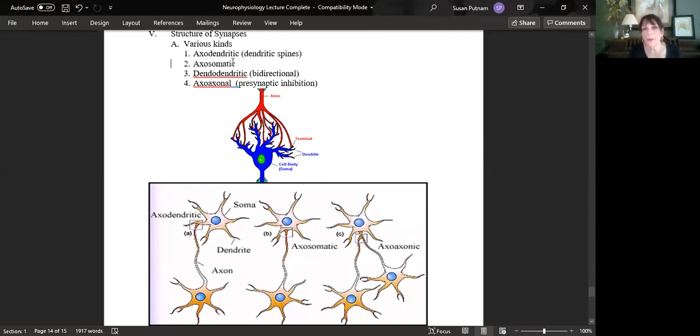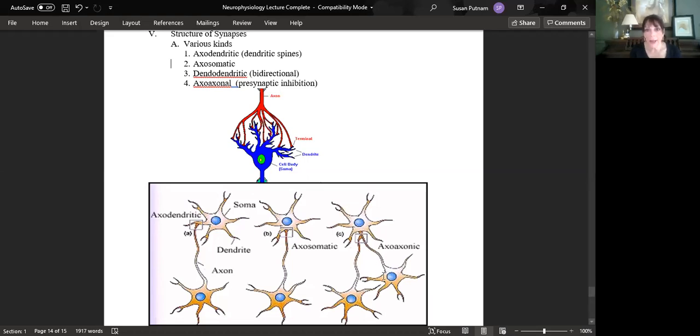There's axodendritic, which means the axon synapses on dendrites of another neuron. See, right here. There's axosomatic, exactly what it sounds like: from the axon, we see a synapse on the actual soma or cell body.